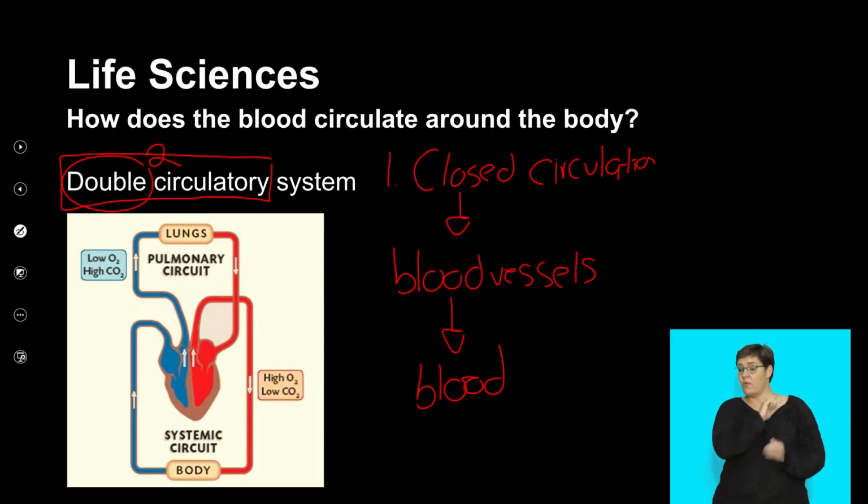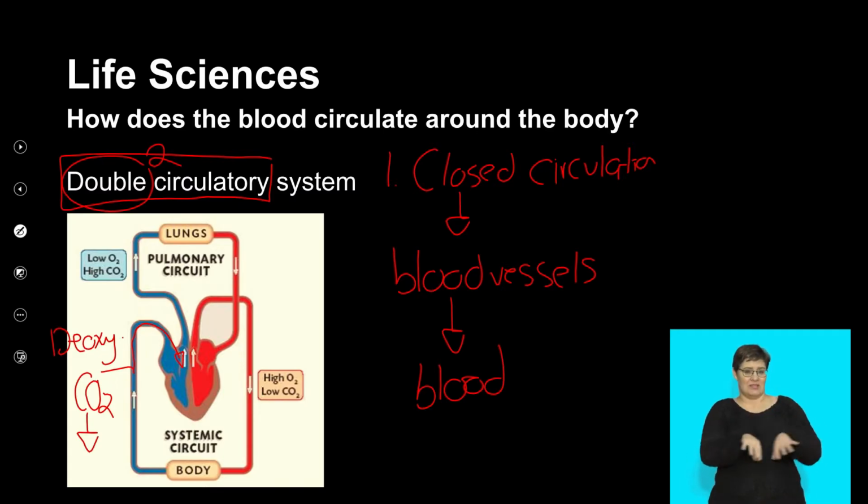So what happens is blood comes to the heart. What color is it? Very often when we use the blue, it's deoxygenated blood. What does that mean? It's rich in carbon dioxide, and carbon dioxide is a waste product that we must get rid of.